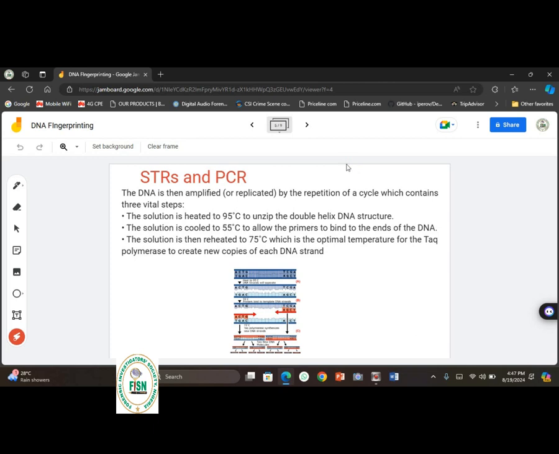That is, even though you may have a little quantity, you are going to get good results. And because it is easy to use PCR, it is easy to amplify the DNA. The little DNA that you get from using STR, you can amplify, you can replicate it.